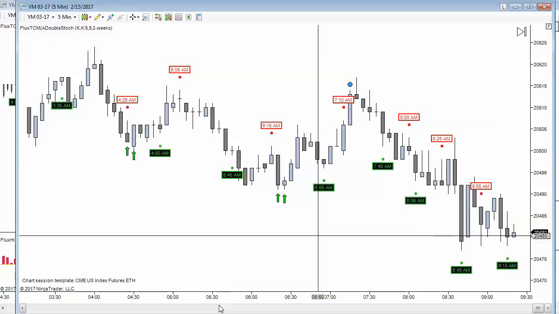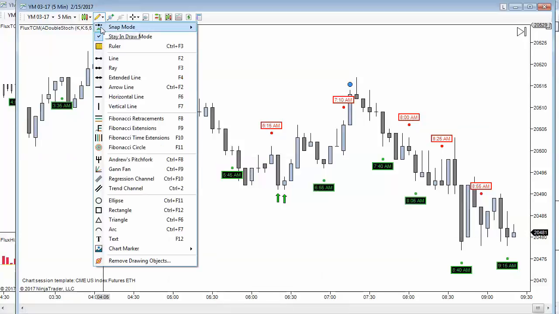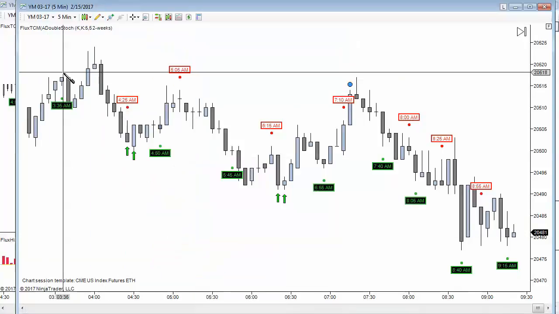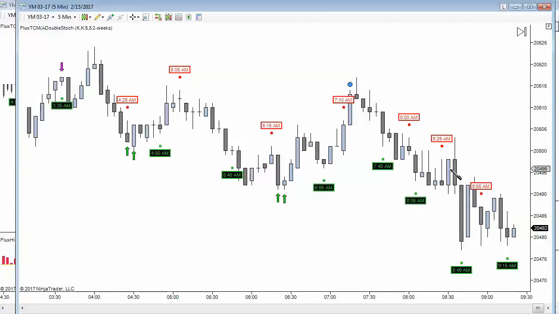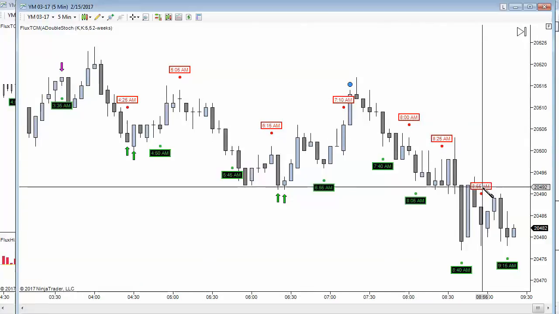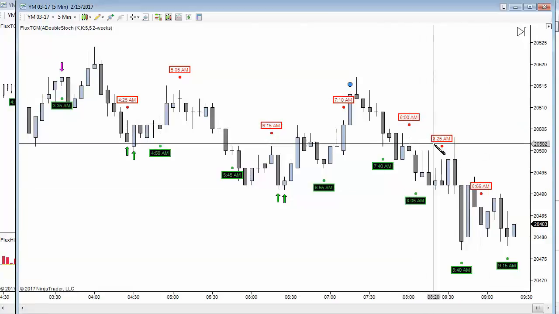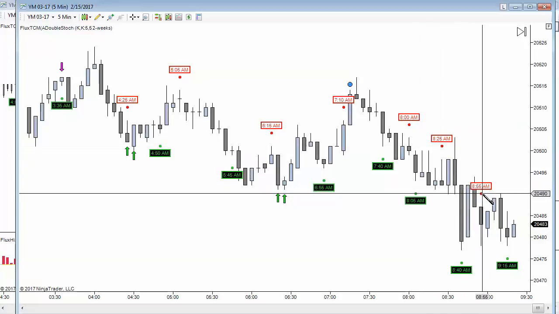And this changed a few things. Number one, we have a higher high green dot over at 3:35. That's the Asian market. Number two, we have three selling pressure signals, one at 8 o'clock, one at 8:25, and one at 8:55. So we went from a 7.14 to a 5.7 to a 4.6 to a 3.5.